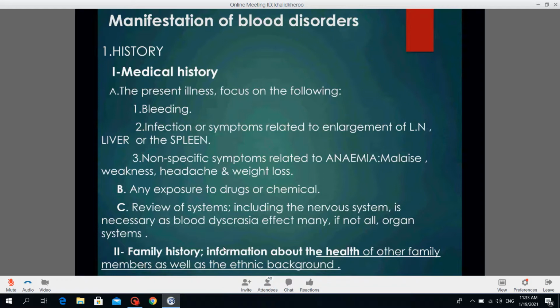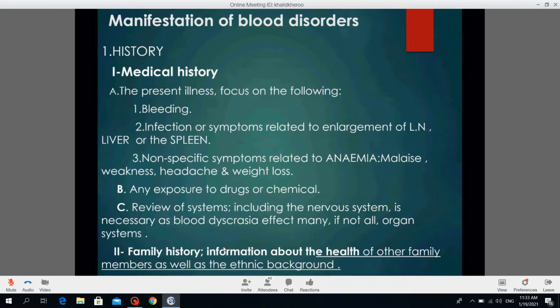Or the symptoms could be related to enlargement of the liver, hepatomegaly, or enlargement of the spleen, splenomegaly. So hepatosplenomegaly and lymphadenopathy may be a manifestation of blood disorders like chronic lymphocytic leukemia and lymphoma.